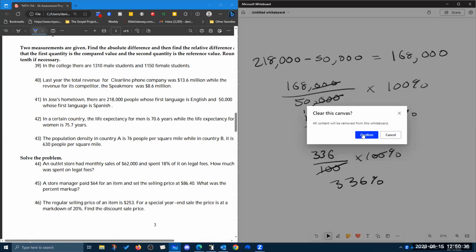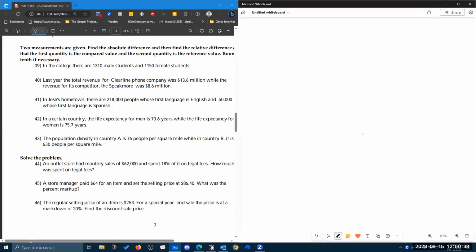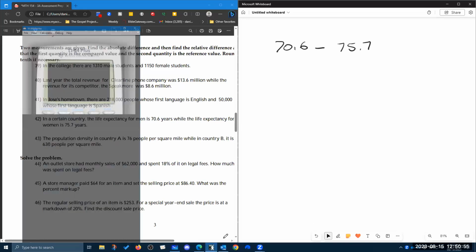Number 42 here says in a certain country, the life expectancy for men is 70.6 years. Life expectancy for women is 75.7 years. This is going to come out to be a negative number. That's okay.